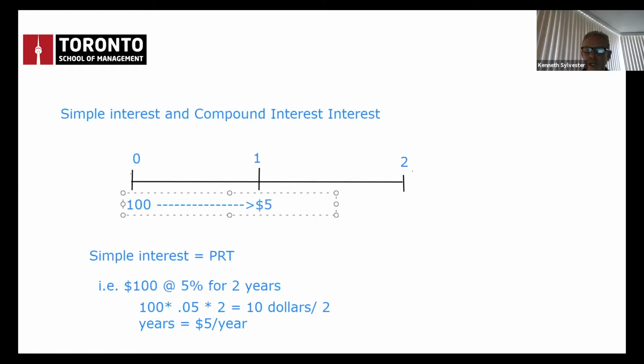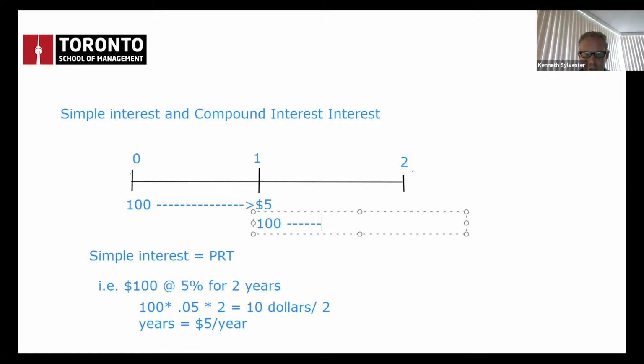So the bank sends me a check for $5. And then my $100 still in the bank grows for another year. And how much do I get that year? $5, okay? So the first year I earn $5 and the bank sends it to me by check. Then I keep the $100 in for another year and the bank sends me another $5.